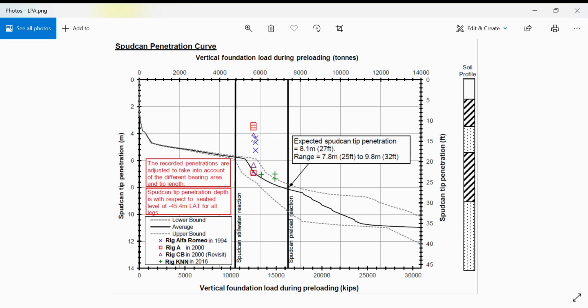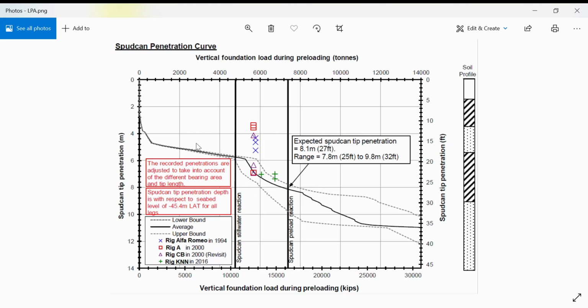Normally we are a bit afraid of rig slide and not getting into the drilling envelope. So if you look at this cross and the penetration, you can see these are the upper bound of the penetration curve. This is the lower bound.